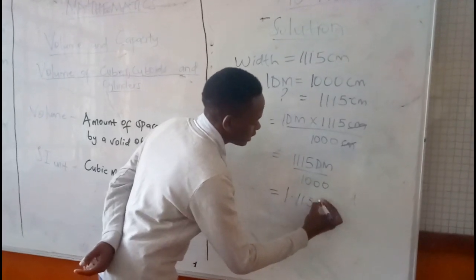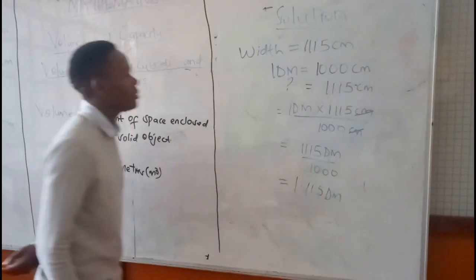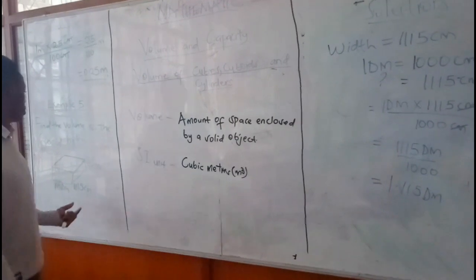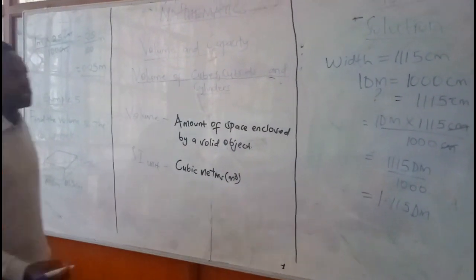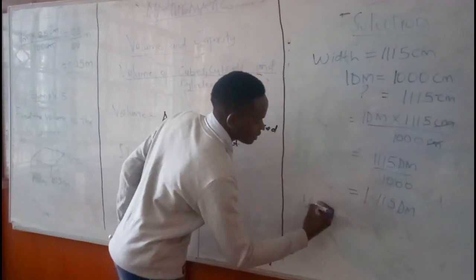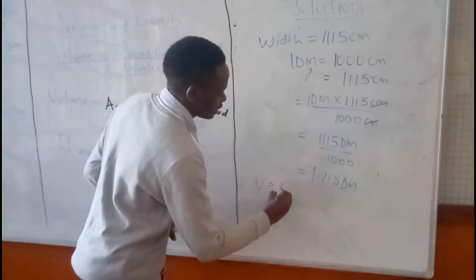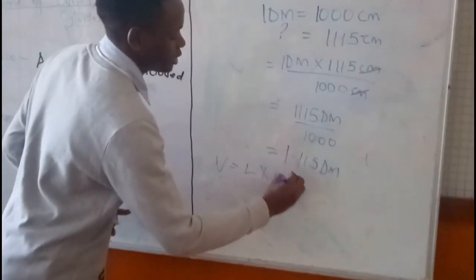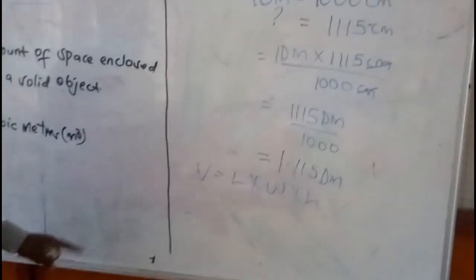So that is 1.115 decameters. Now back to the formula for finding the volume of a cuboid, which is volume equals length times width times height.